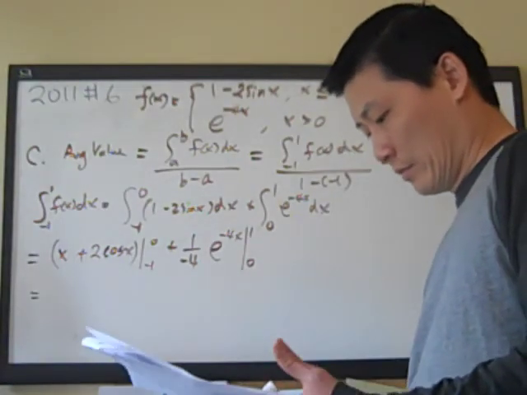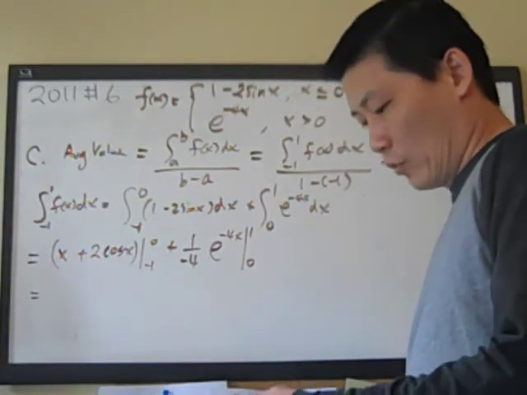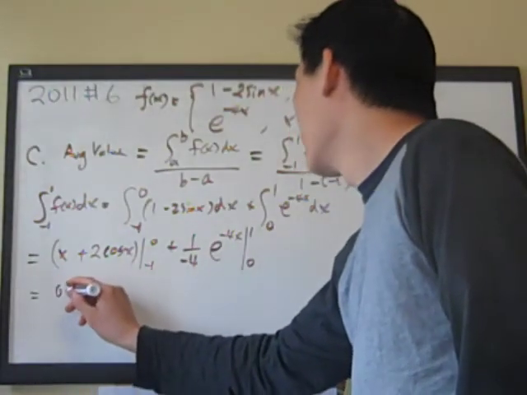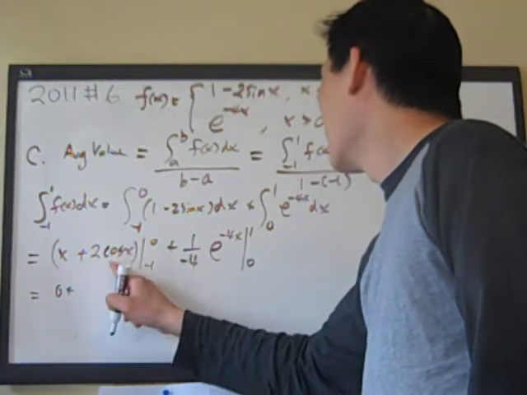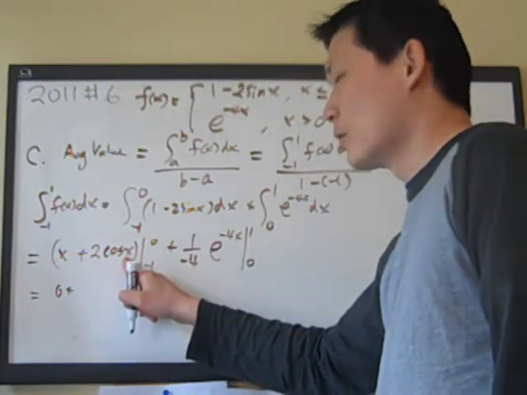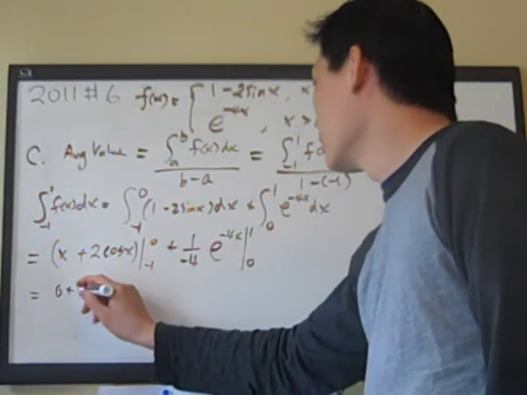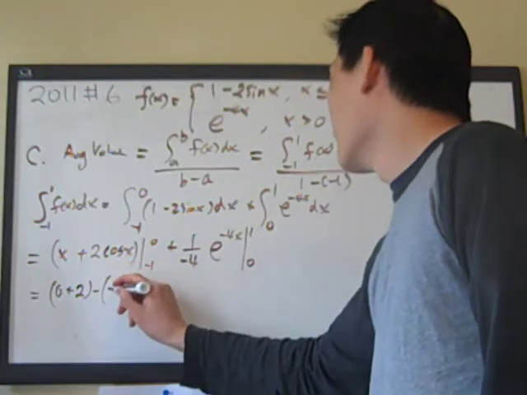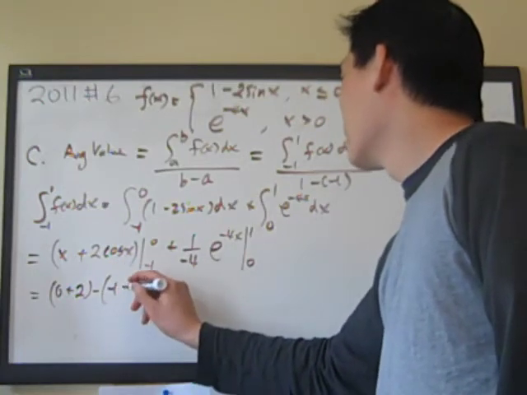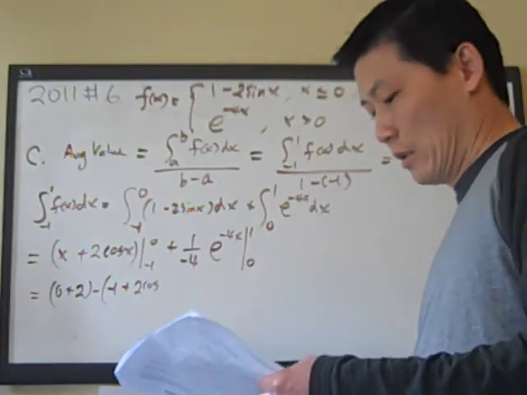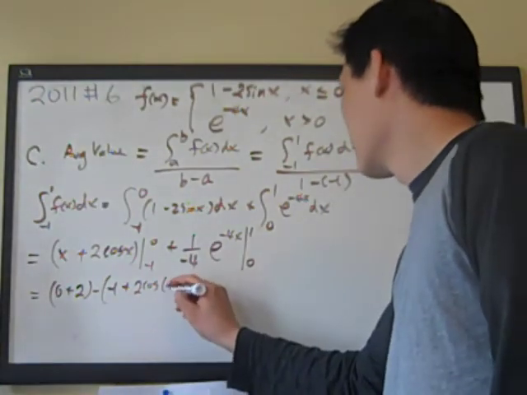So as we continue, we get 0 plus, you put 0 into x, so you get cosine 0, and cosine 0 is 1, so 0 plus 2, minus -1, plus 2 cosine of -1.